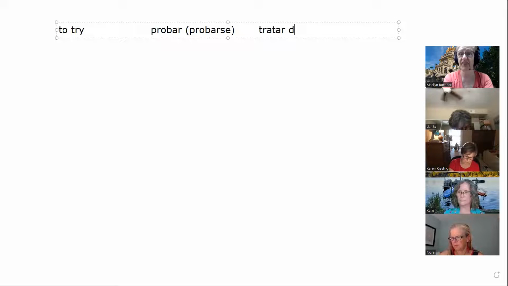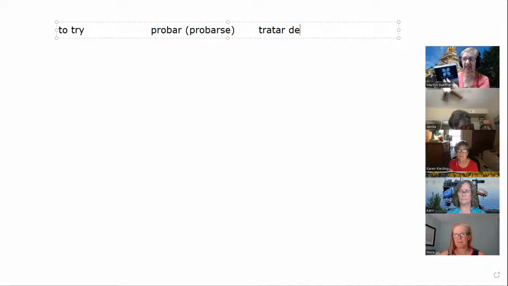tratar de. And notice you used before tratarse. Se trata de, como por ejemplo, este libro se trata de información del español.